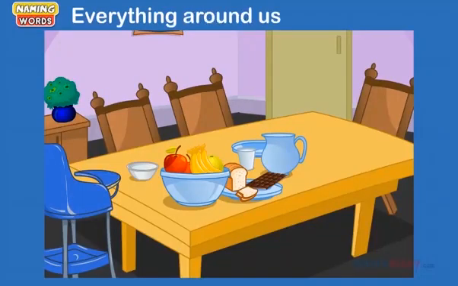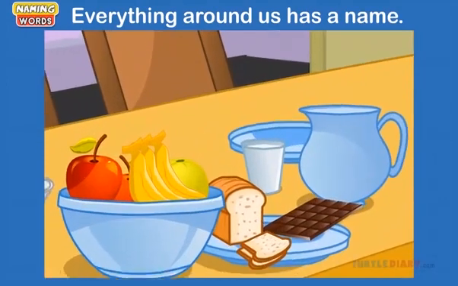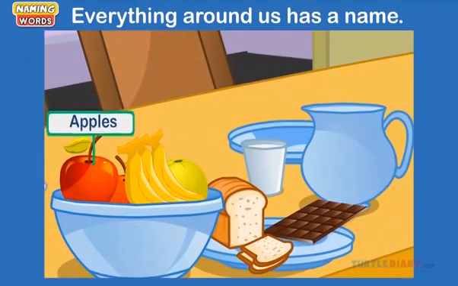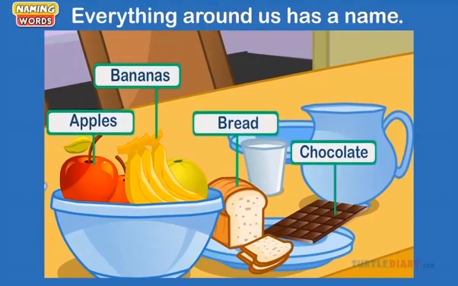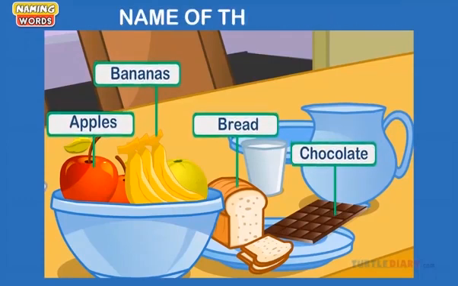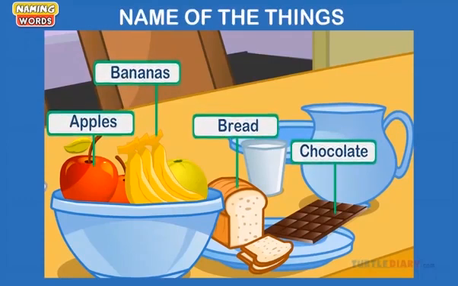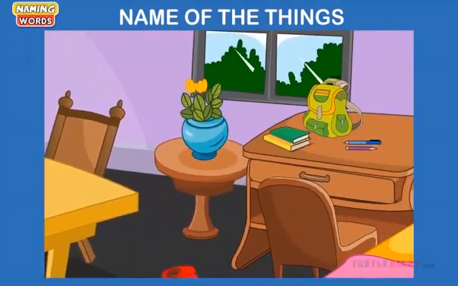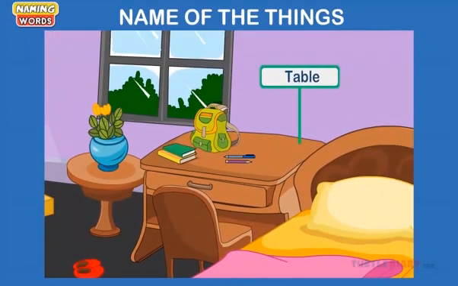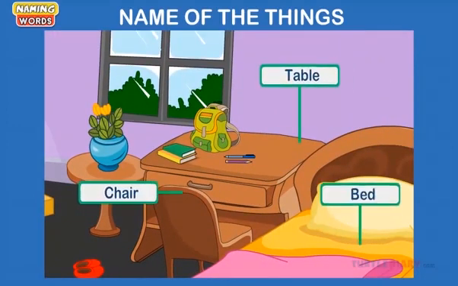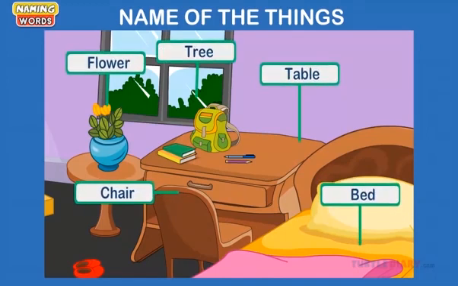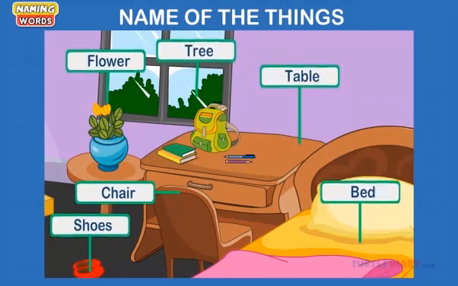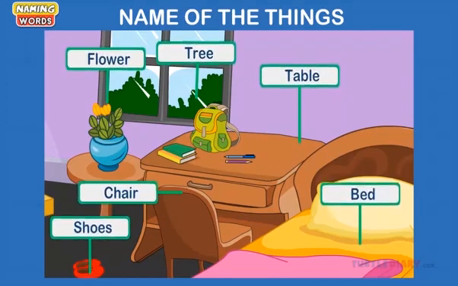Everything around us has a name. The food we eat, like apples, bananas, bread, chocolate, are names of things. Table, chair, bed, flower, tree, shoes are all names of things.